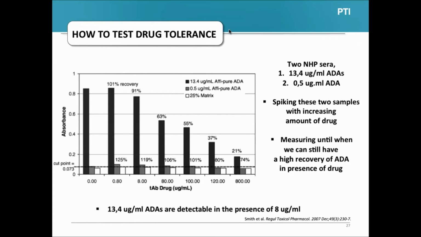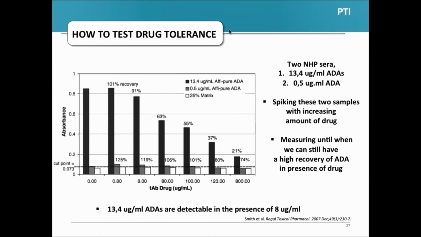It is not that if you say, okay, I can detect that much ADA in the presence of this much drug, there is any requirement to it, but you should mention it: okay, my sample X has come back negative in my ADA assay, but from the PK assay, I know that I have this amount of drug, and therefore it is safe to assume that we cannot detect ADAs because if they are there, they're actually bound to the drug.